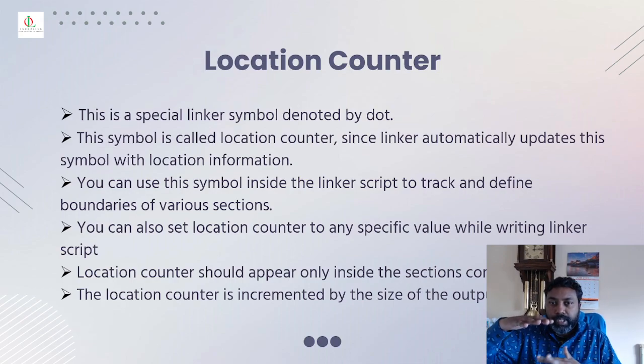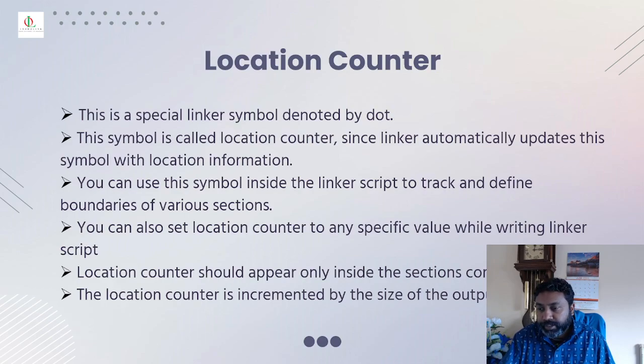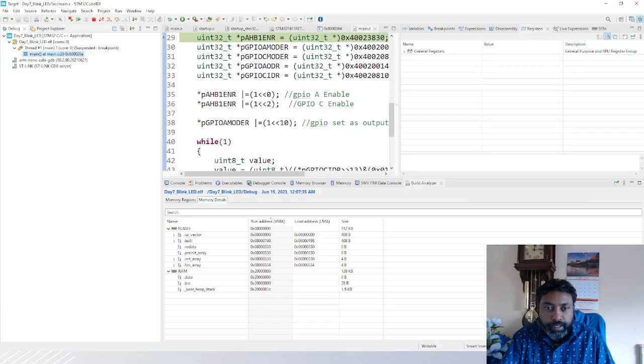It's to give you the location of the addresses where it lives inside the memory allocation. So the location counter plays a major role in locating the exact specific point where it lives.